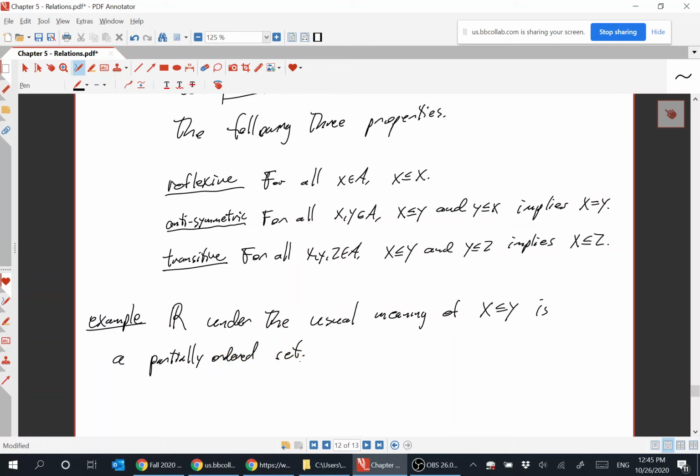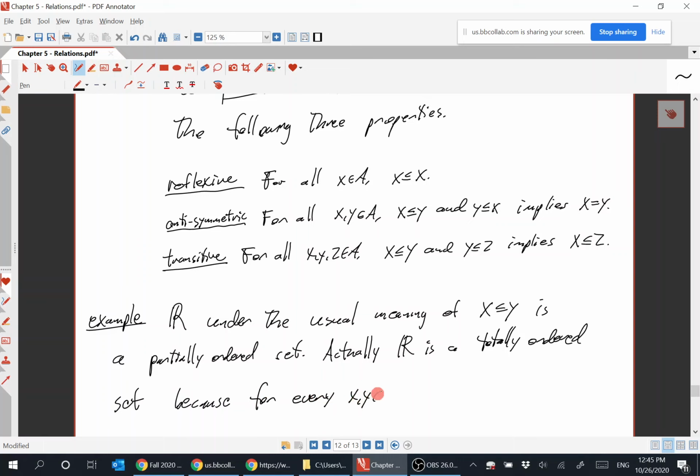In actuality, it's a total ordering, because for every x and y, either x is less than y or y is less than x. So it's a partial order, but normally we say totally ordered set, because for every x and y in R, either x is less than or equal to y, or y is less than or equal to x.